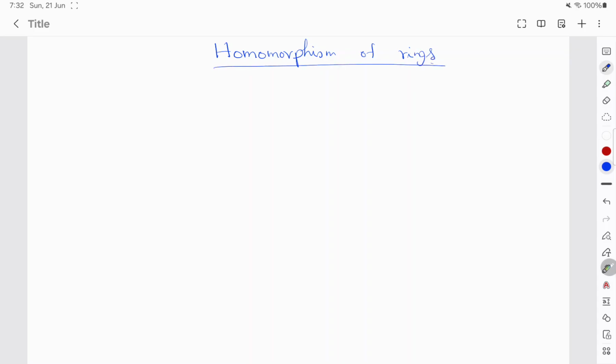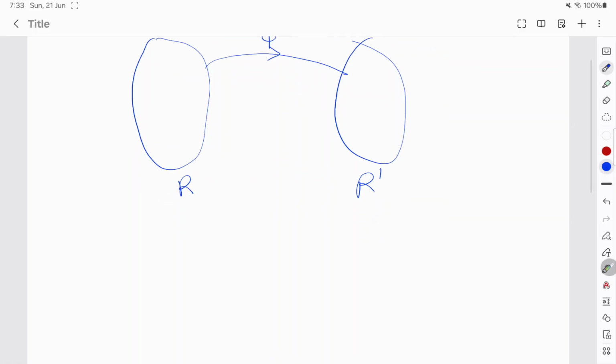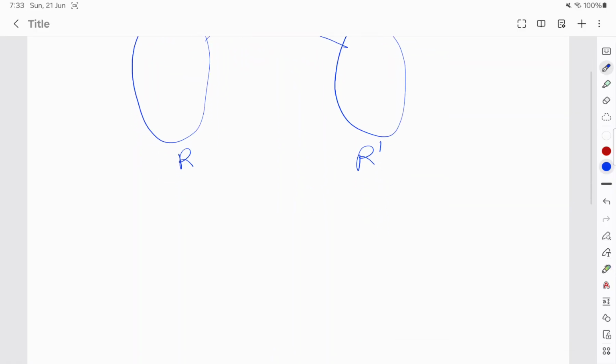Okay, so what is homomorphism of rings? Basically, you have a ring, and you have another ring R'. You have a map from R to R' with some special properties.